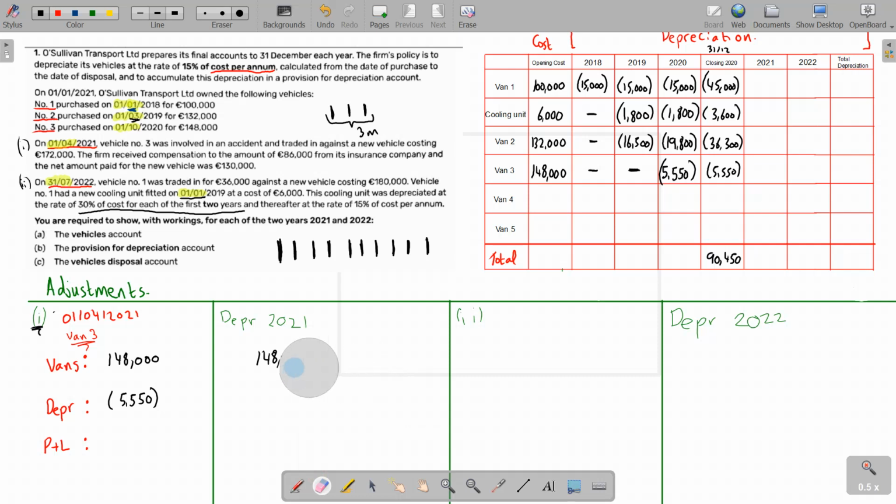Okay, so we can actually pop that in here. 5,550 is the amount of depreciation in 2021 for van 3, and that's it. There's no more than in 2020 because we got rid of it. Okay, so 5,550 plus 5,550, that's 11,100.